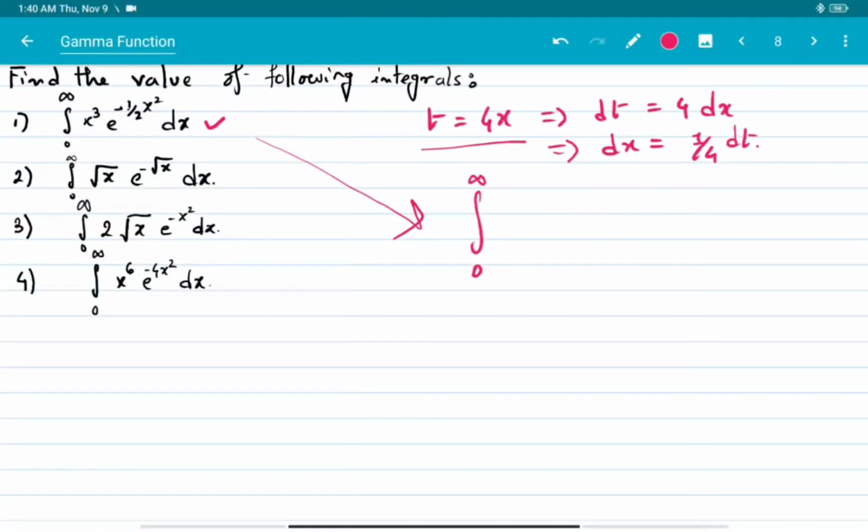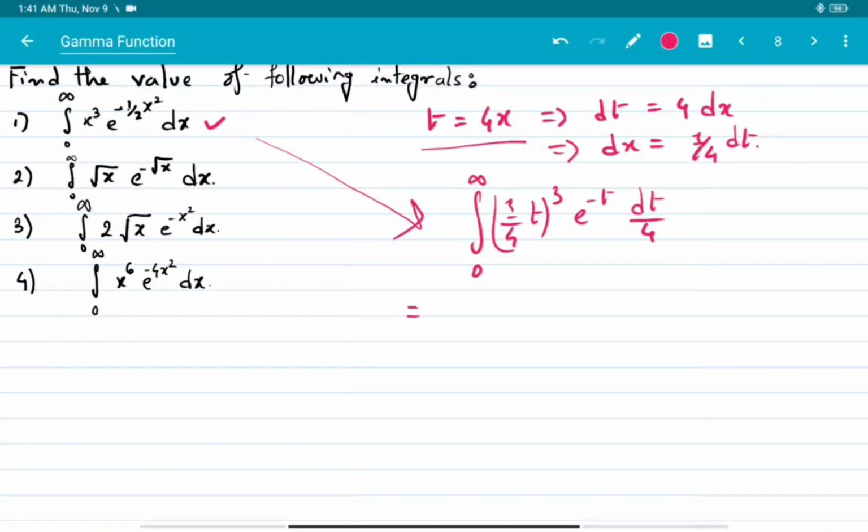We get 1/4 of t cubed, and e to the power minus t, and dt by 4.